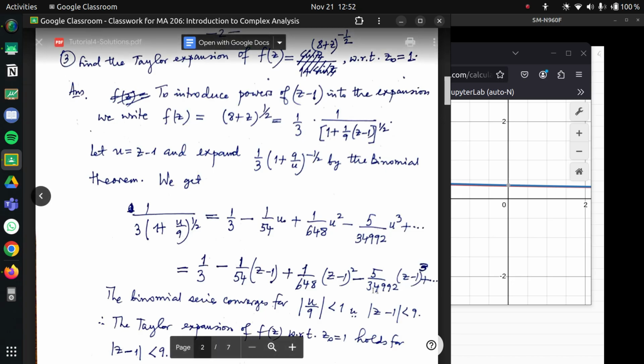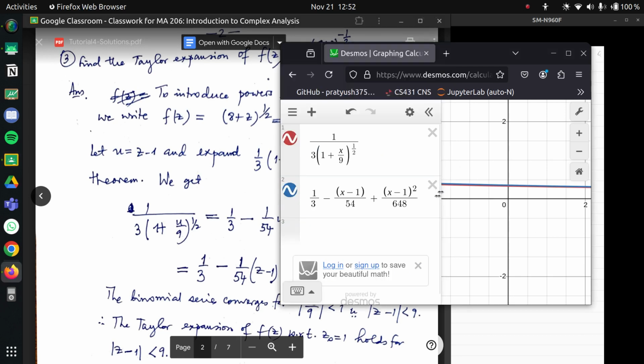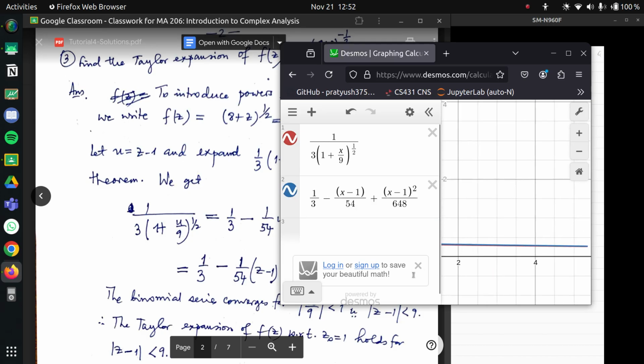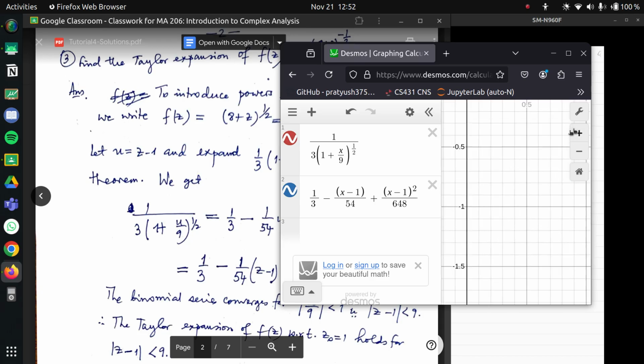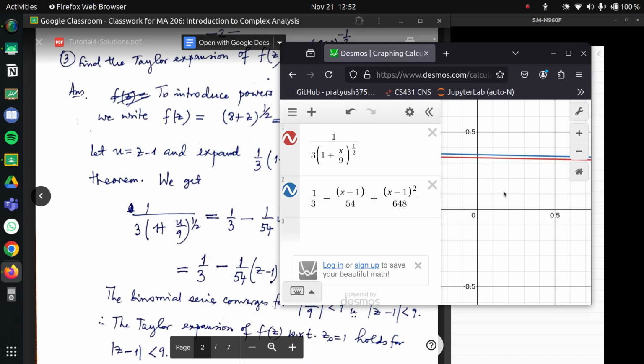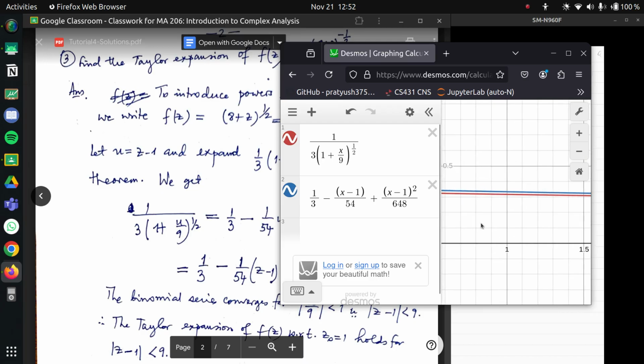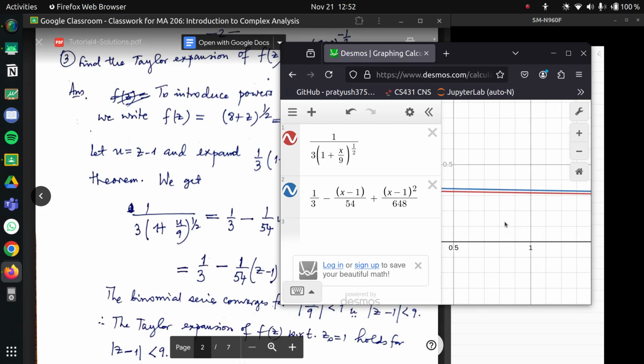So -5 by this number, 5 by... you can't copy it, okay. 5 by 3, 4, 9, 9, 2. This really is converging, isn't it? It's supposed to converge at z equal to 1 the most. But okay, that's not happening.